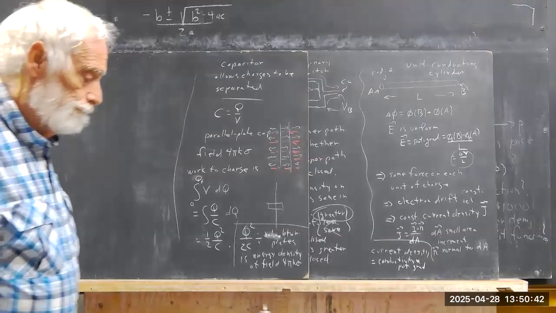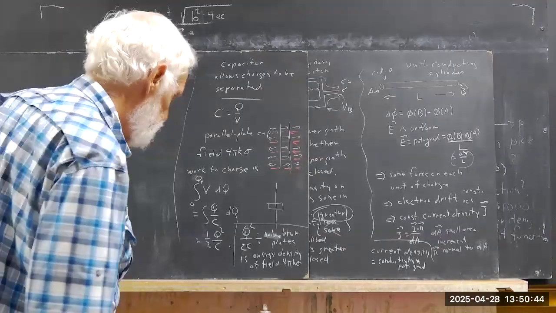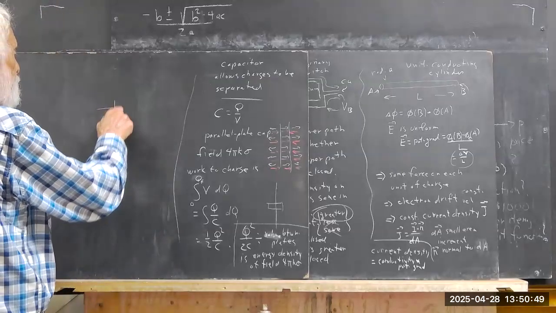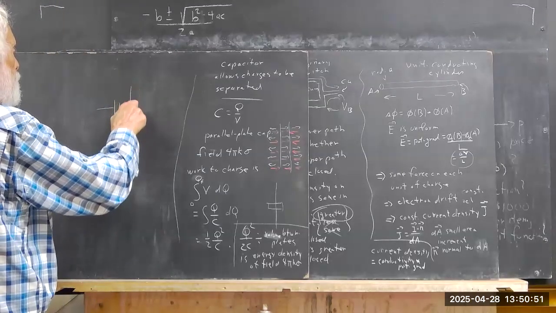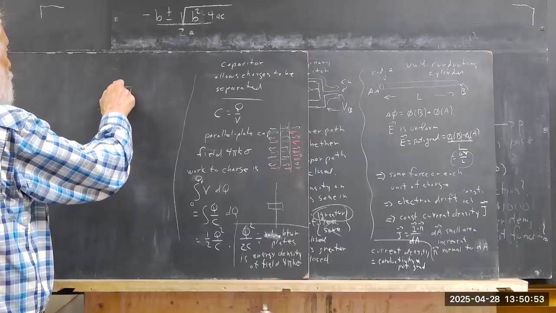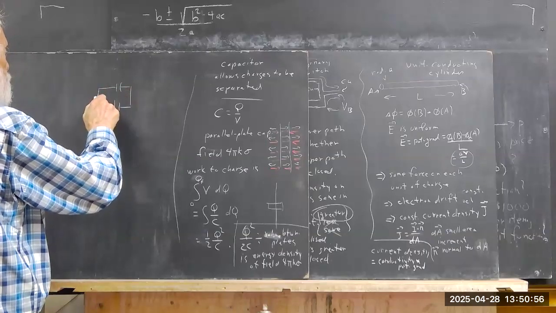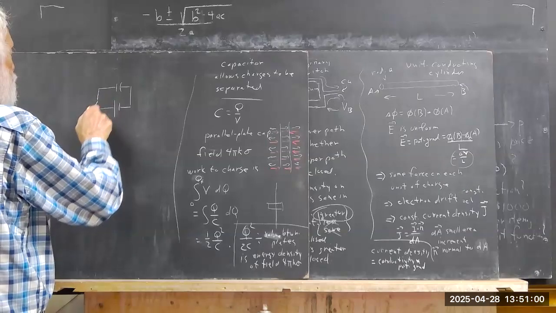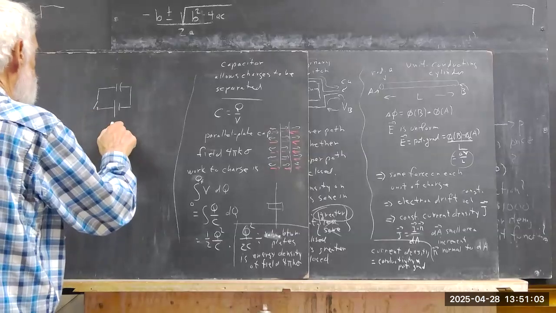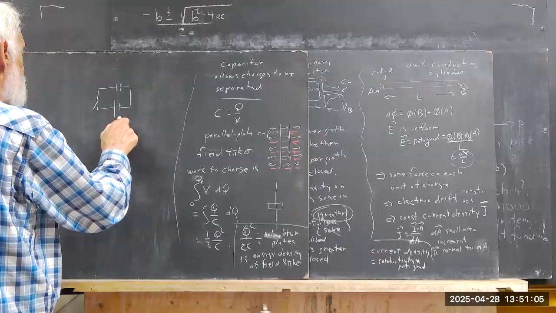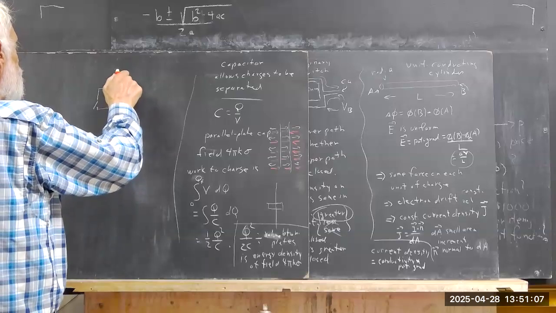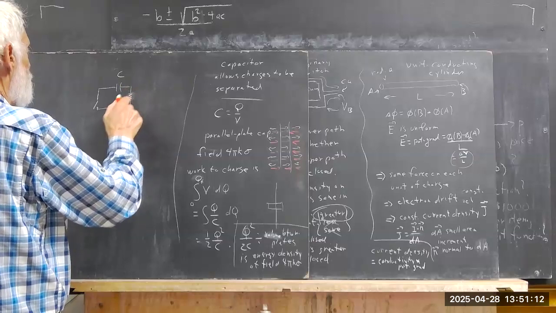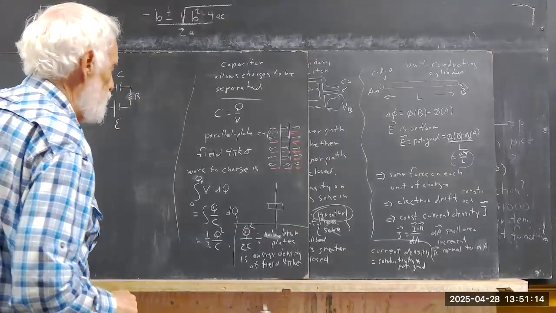Also, as we've seen, you've got a switch here, a source, capacitance, and you've got some resistance.